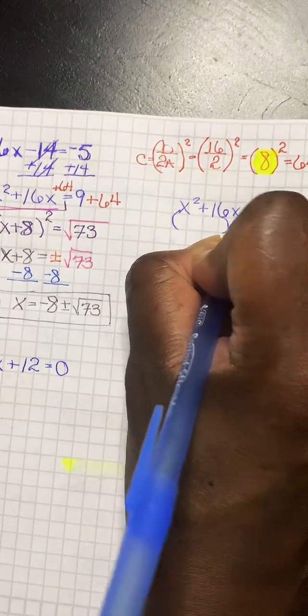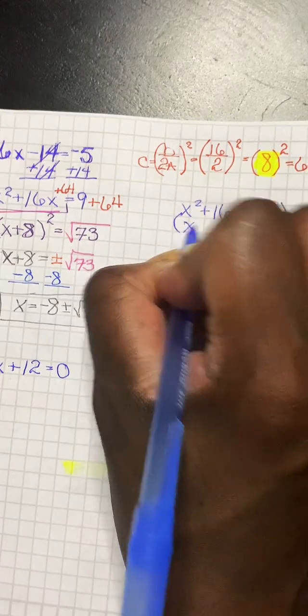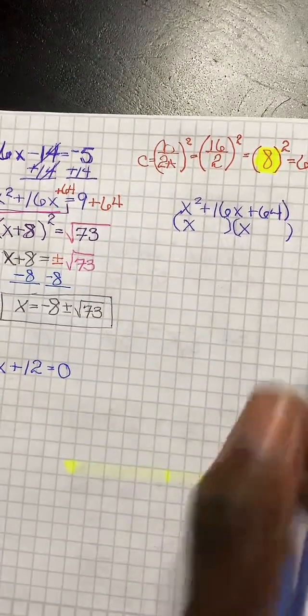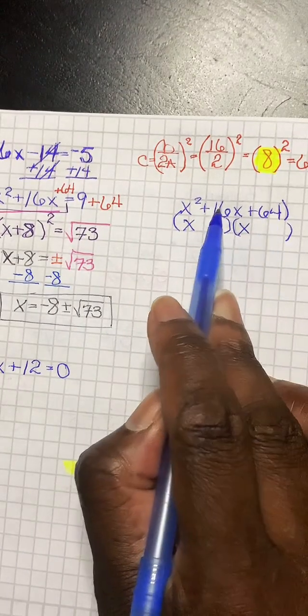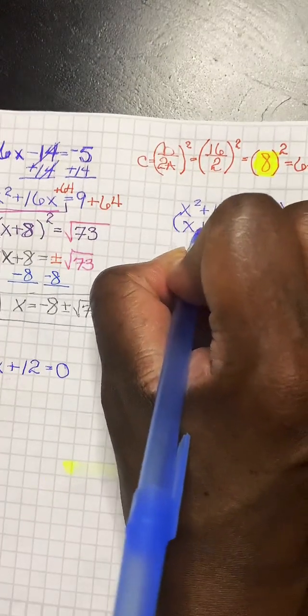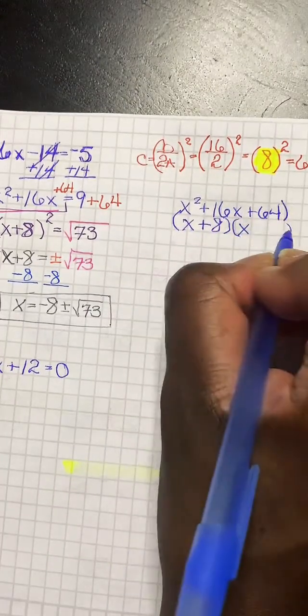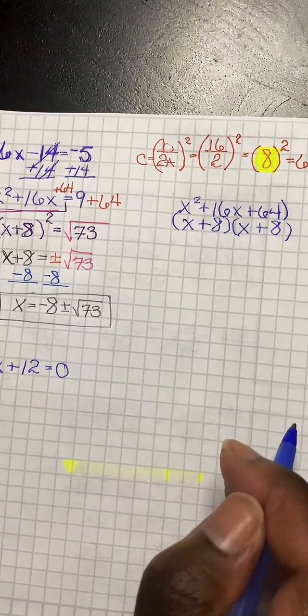If we wanted to factor it, we can split our x's. Two numbers multiplied together to give me 64 and added together to give me 16 are both 8, because 8 times 8 gives me 64, and 8 plus 8 gives me 16.